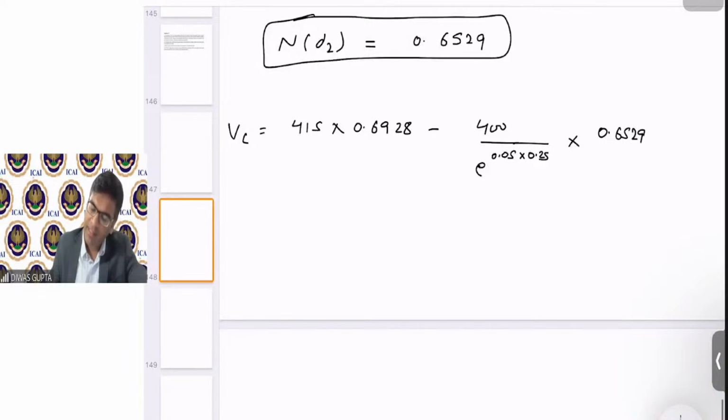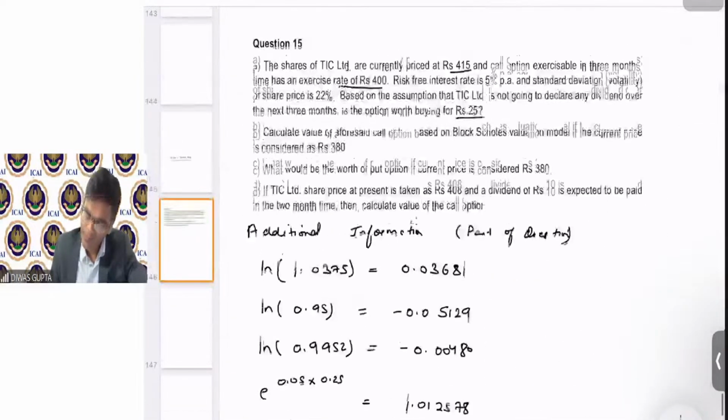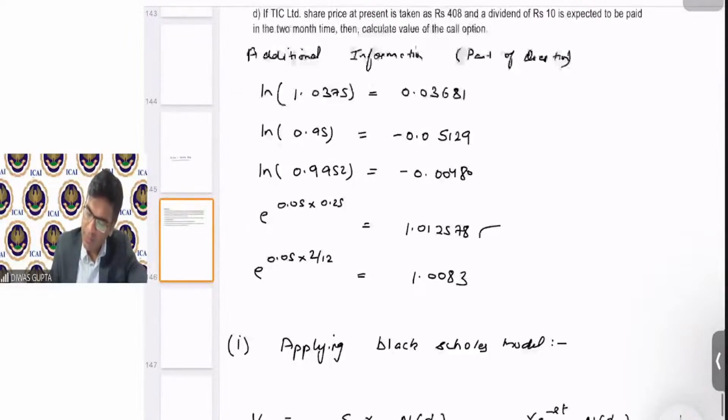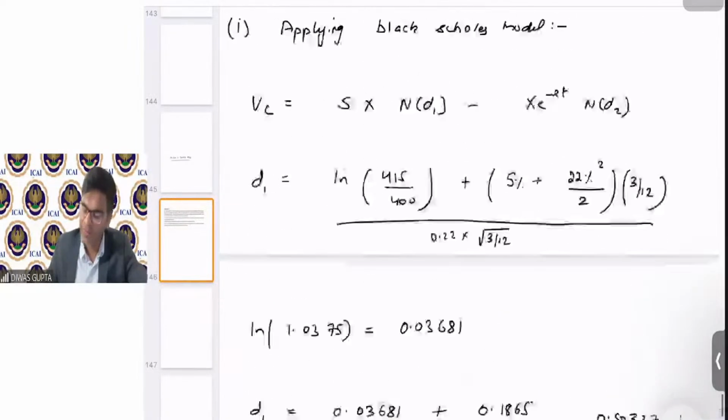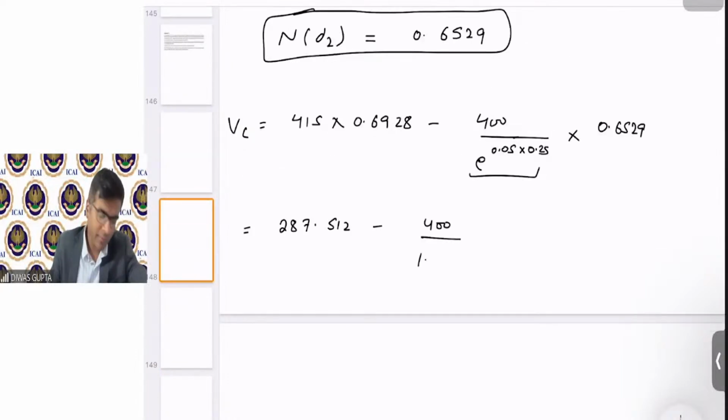Okay, we will replace these values now. So this becomes 287.512 minus 400 divided by, and this value is also given in the additional information that I've just provided. So this additional information is 1.012578, students.